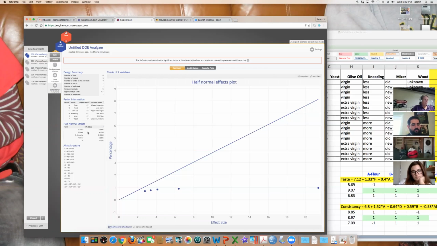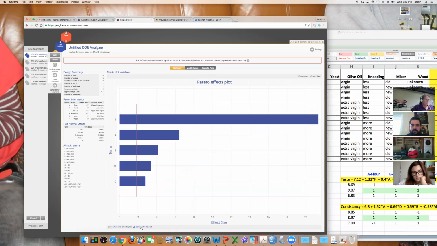We've got the half normal effects and the effect sizes, and it looks like we got a big effect size on kneading. Then we've got the alias structure down here on the left, and we'll come back to that. I have trouble looking at the half normal plot. I think it's more useful to look at the Pareto effects plot.